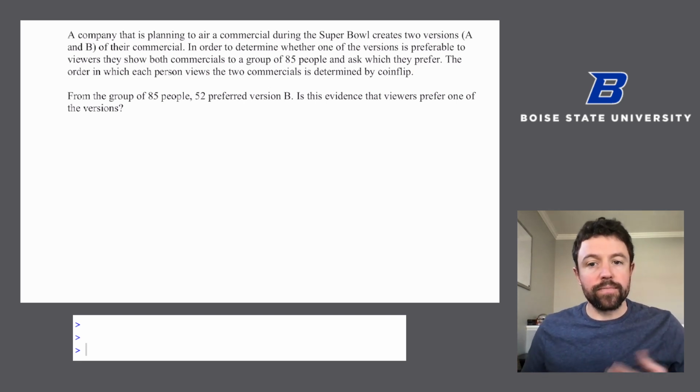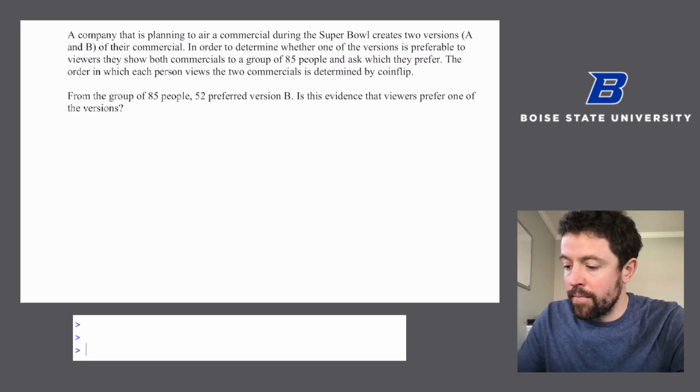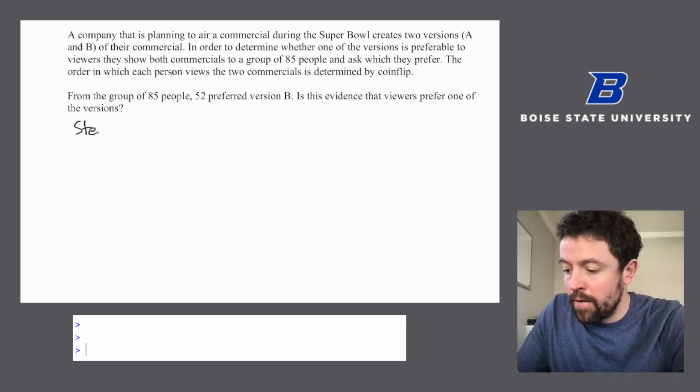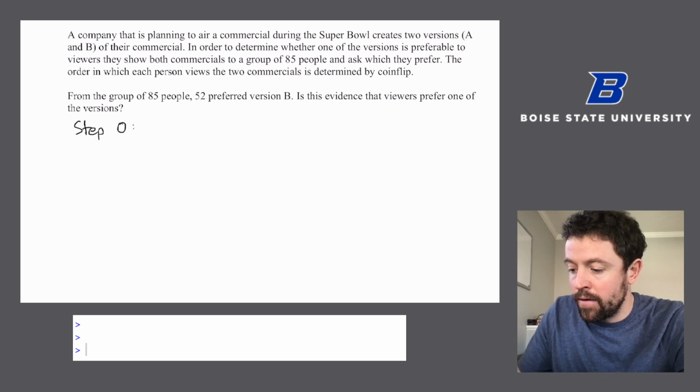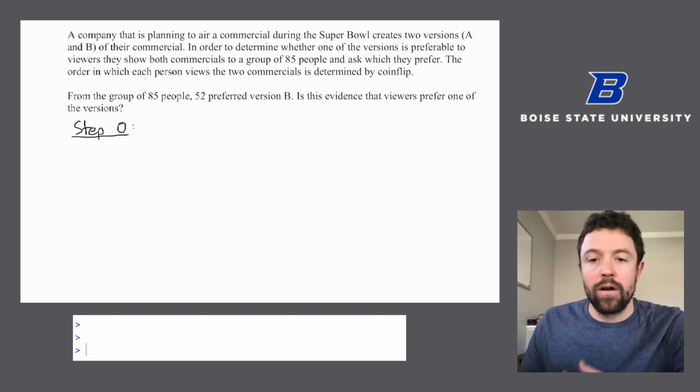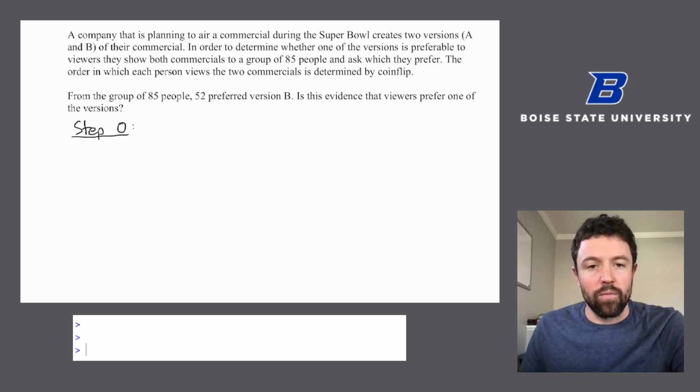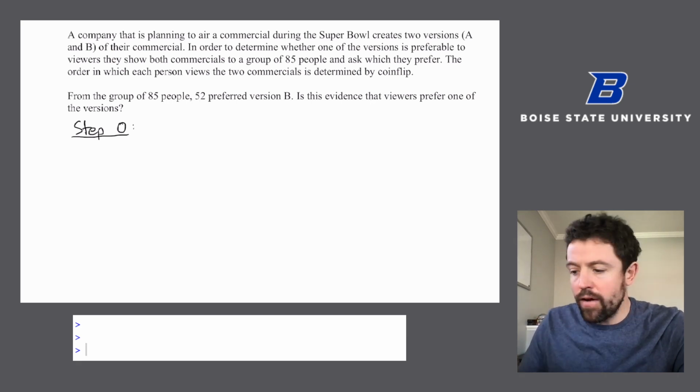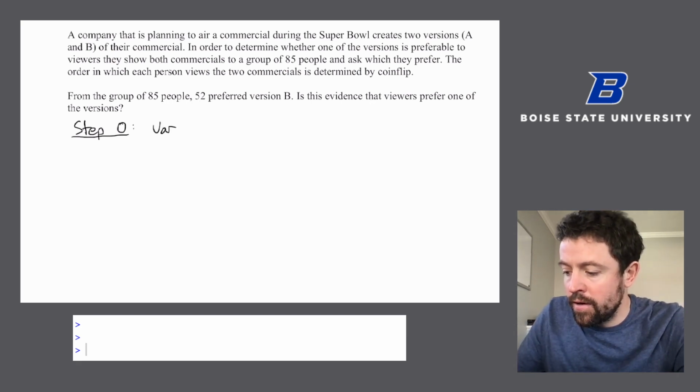All right, so we start with step 0. In step 0, we're trying to figure out what process we need to do. The variable involved is categorical, right?